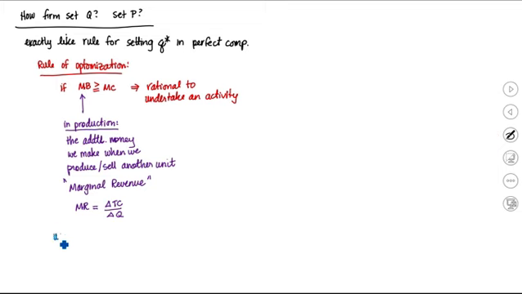We're basically using the rule with a different label, and it says if marginal revenue is greater than or equal to marginal cost, then it's rational to produce another unit. So let's put a star by that. And we've already covered this. We covered this for perfect competition.